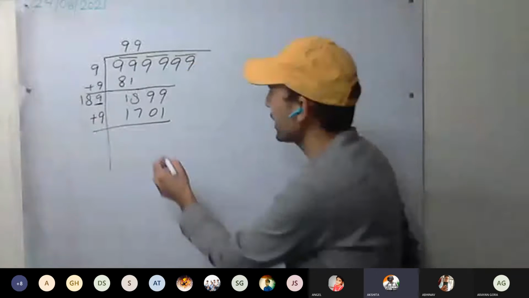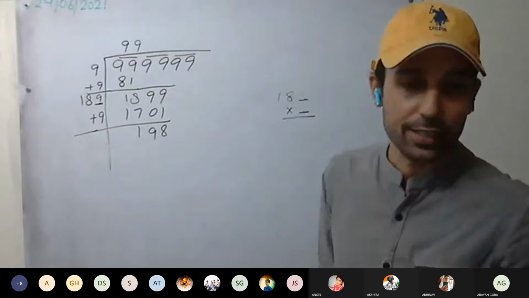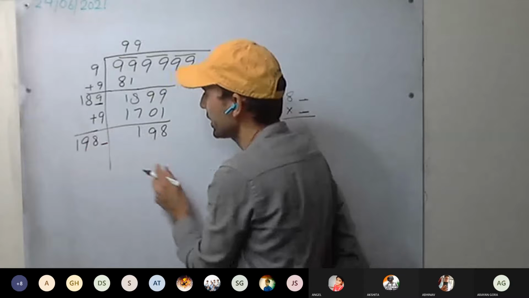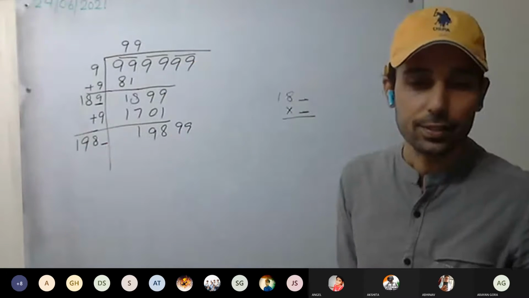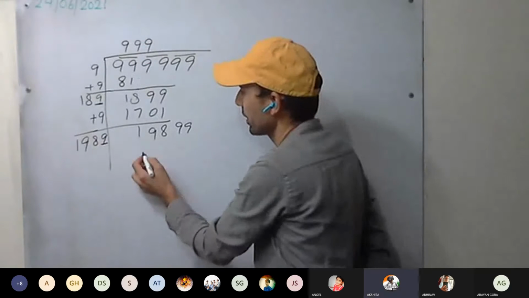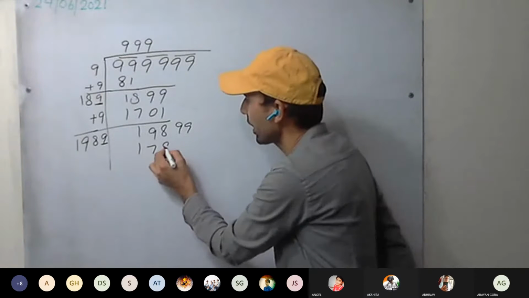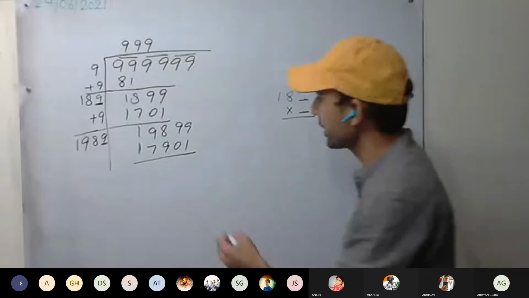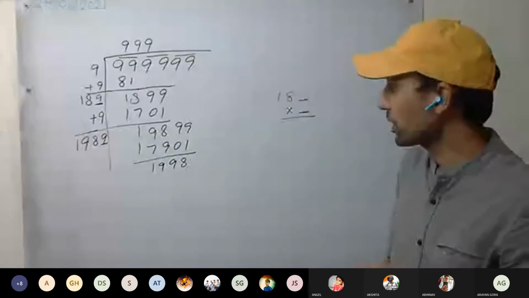After addition it will be 198, find this digit, and here 99. Again it comes 9. 1998 is the remainder. This we have got.